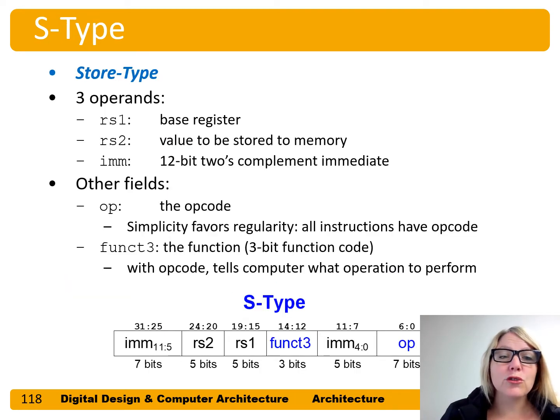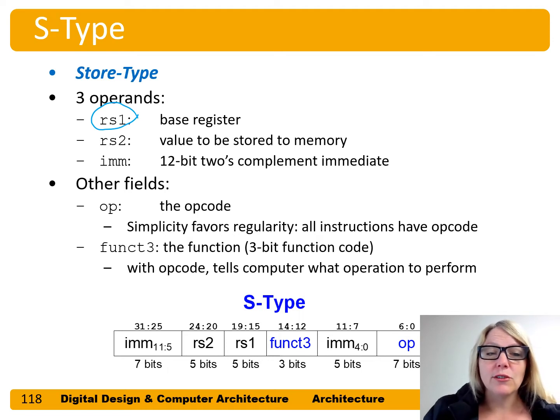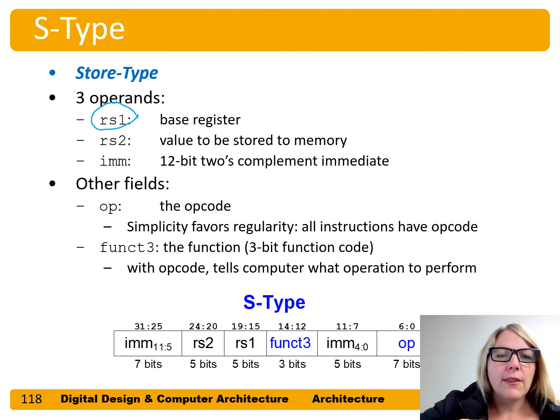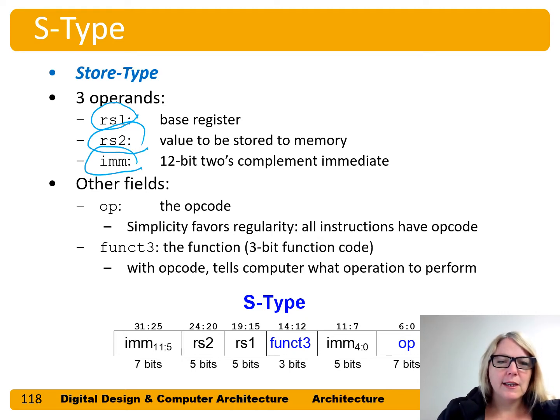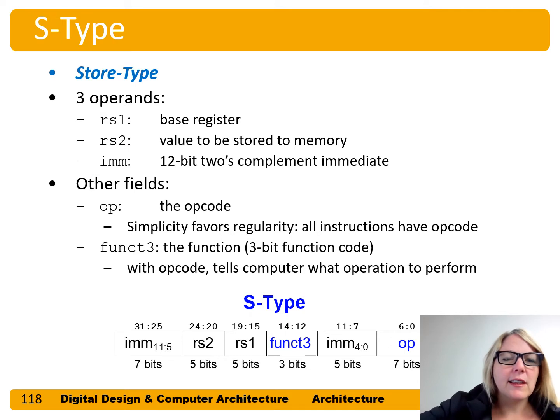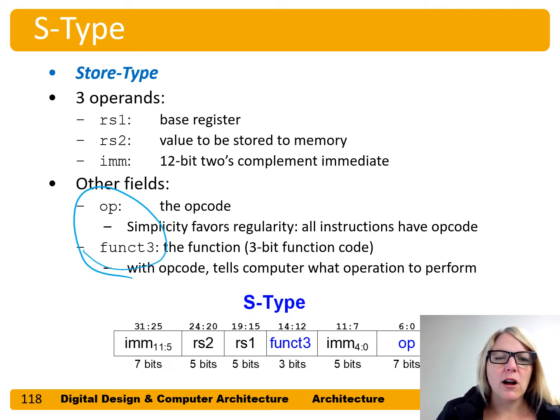So the S type instruction, or store type instruction, has 3 operands, and you can guess this is used for store instructions like store word, store half, and store byte. And we have a base register, that's our RS1 field. That was the base register for our load word instruction too, RS1. And then RS2 is a second source, the value that's going to be stored to memory. And we have our immediate field that is a 12-bit two's complement or signed immediate. And just like the other instructions, we have an opcode and a funct3 field as well.